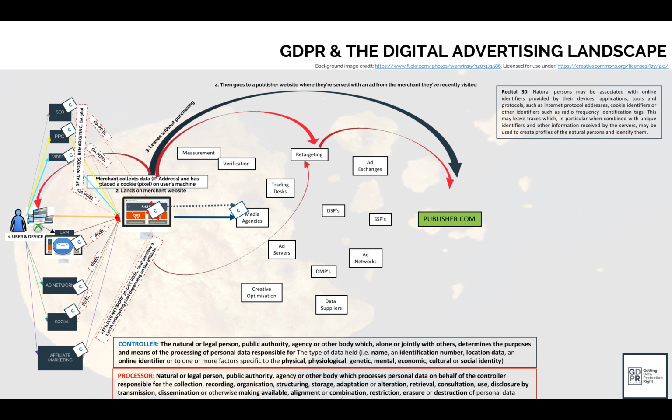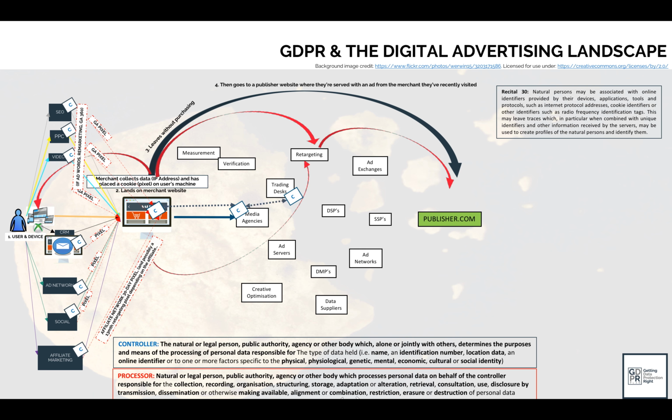So for example, the merchant may have responsibility for what happens with that user's data until the media agency then decides if they're going to trade that user's IP address with other parties.